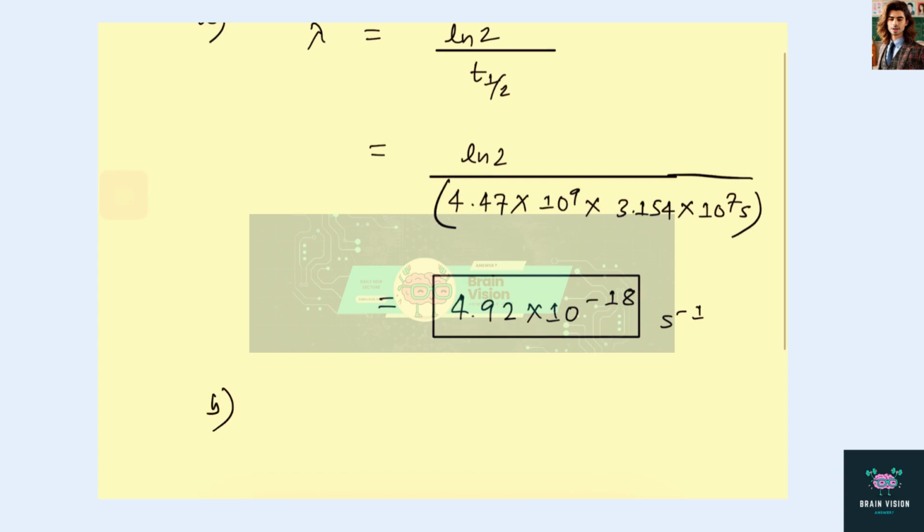Now for the second part, we have to find the mass of uranium required for an activity of 1 curie. We know that 1.00 curie is equal to 3.7 times 10 to the power 10 decays per second.